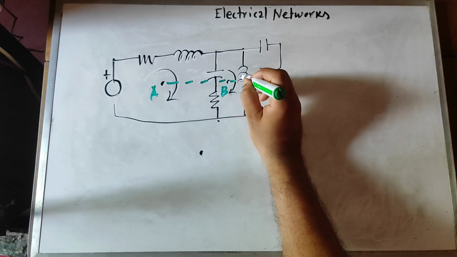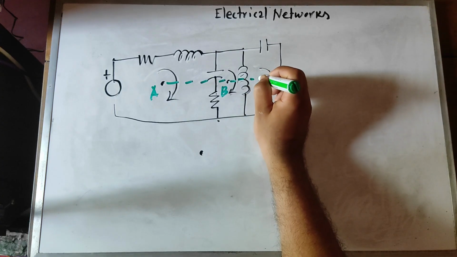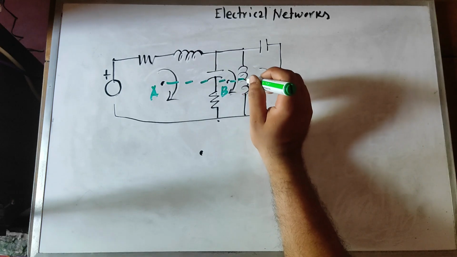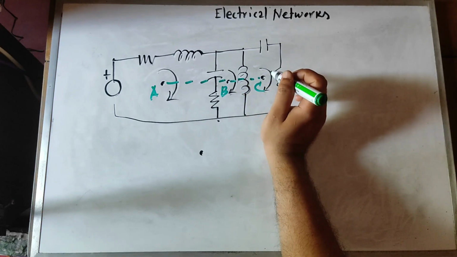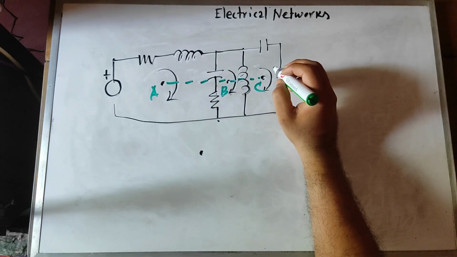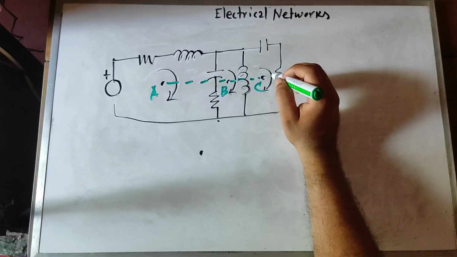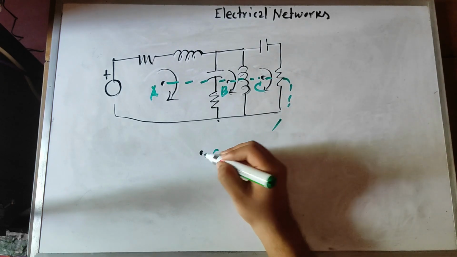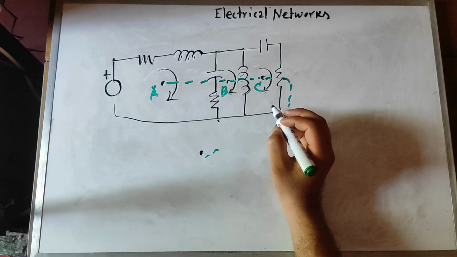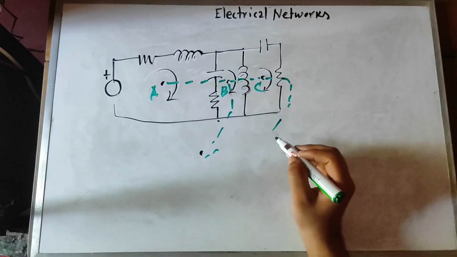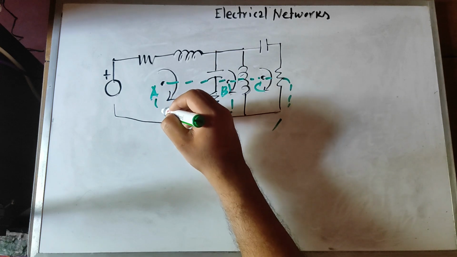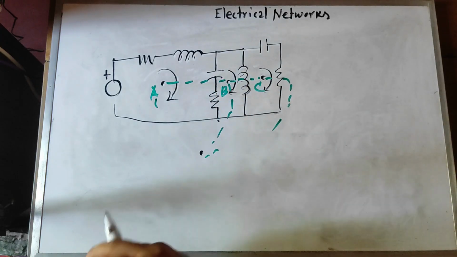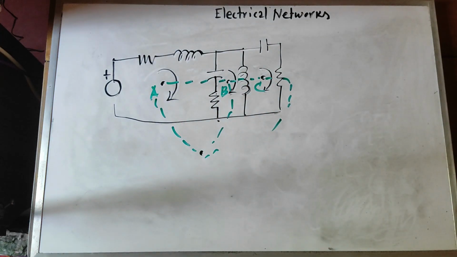Then the connection between B and C cuts the inductor, so this will be a capacitor. Then there's a relation between each of the nodes A, B, C and the reference node.